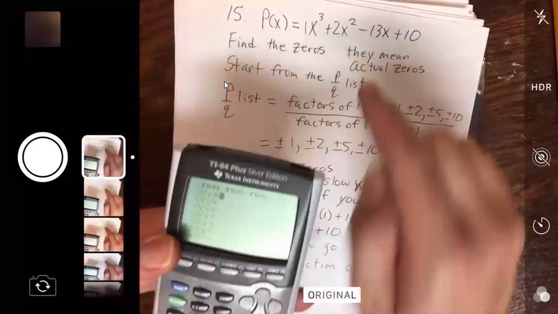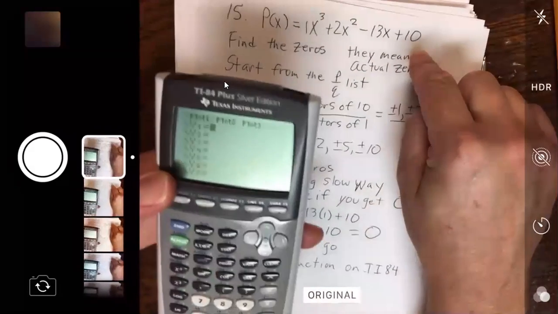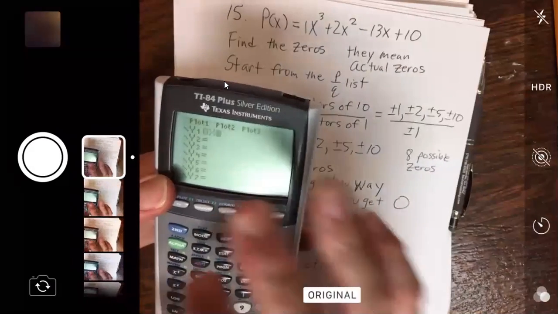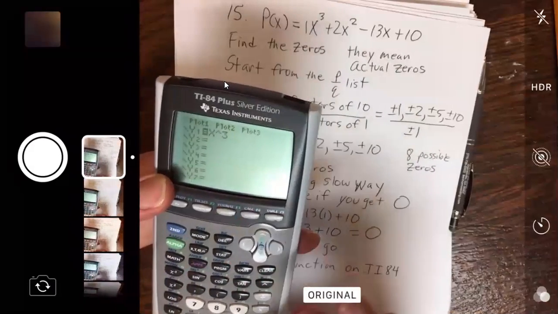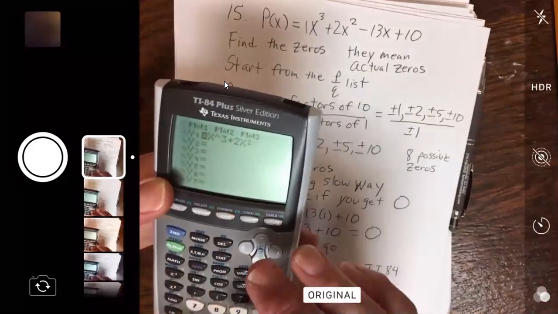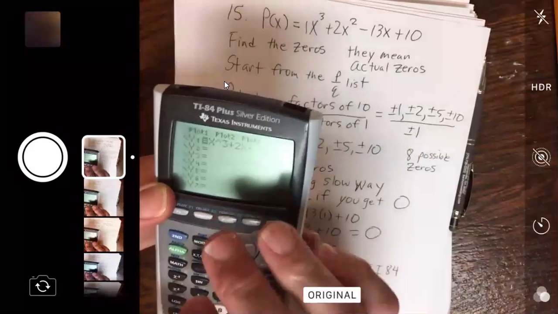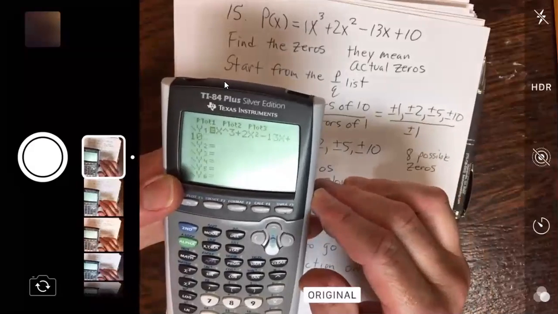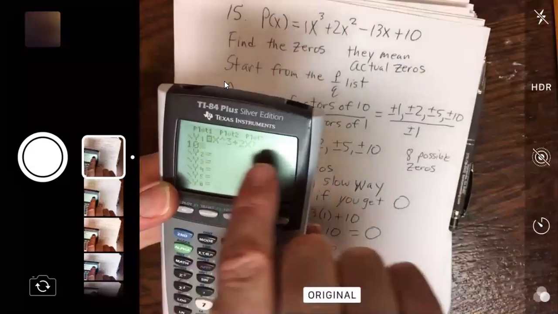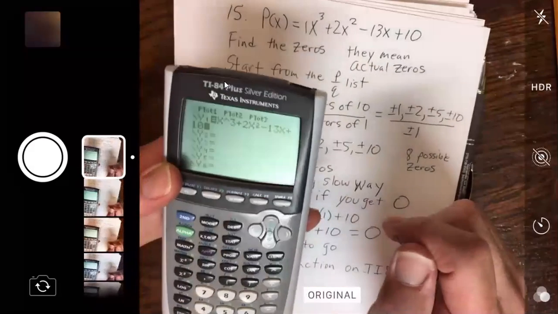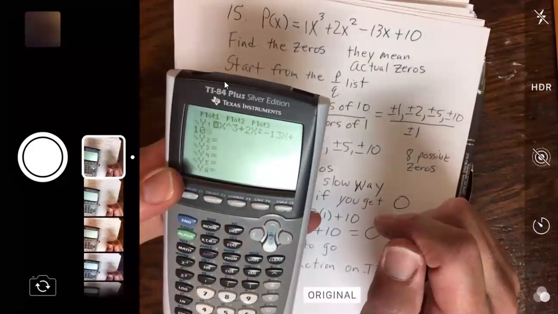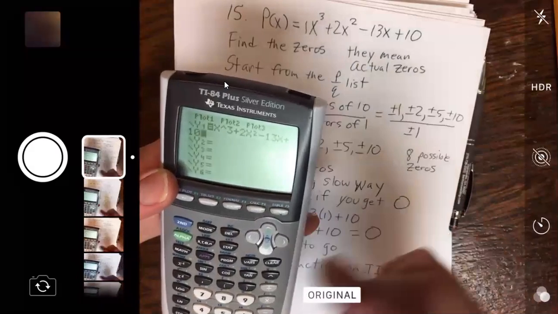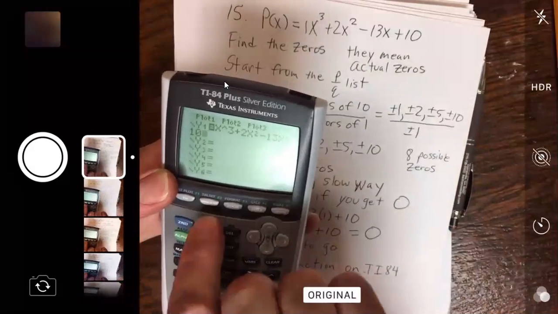You enter your formula on the y equals. So I'm going to enter x raised to the 3rd, add 2x squared, subtract 13x, and add 10. The calculator now knows this formula is y1. Any questions about that? Okay.